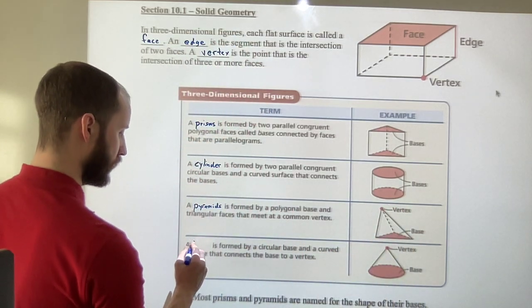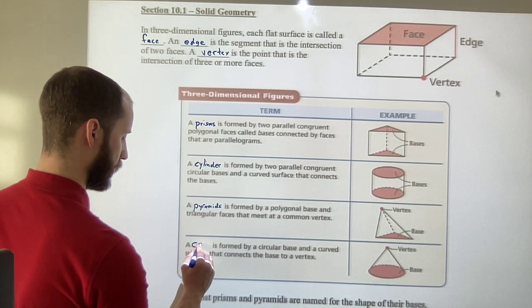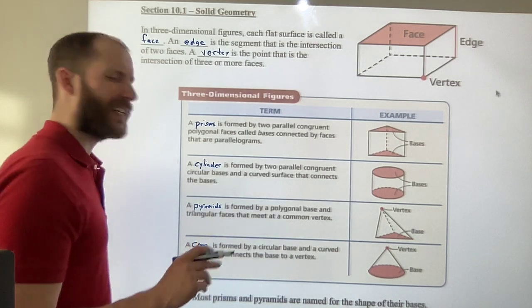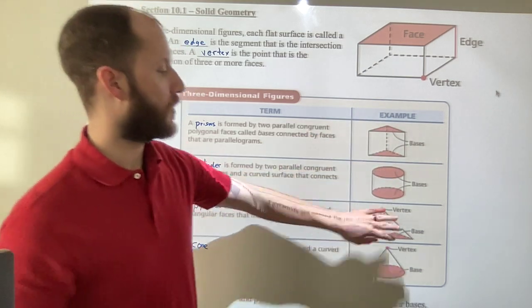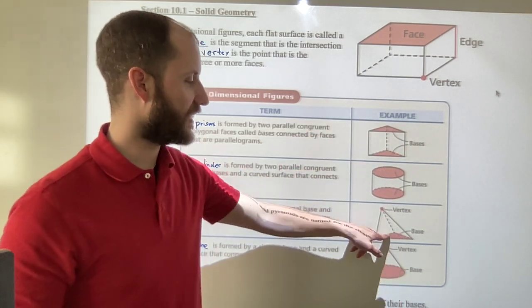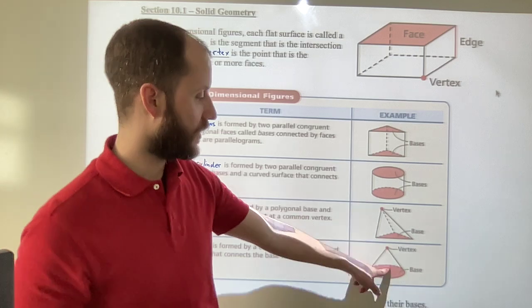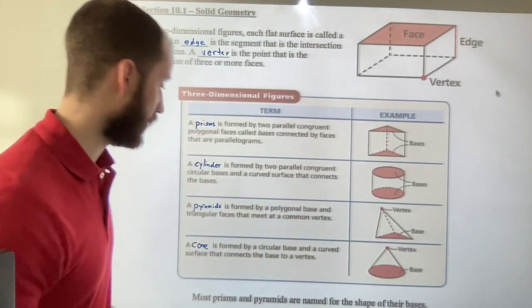And then cones, kind of similar. From the prism to the cylinder, pyramid, remove the base, make it a circle. You have a cone, okay?